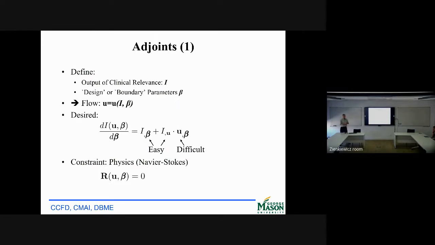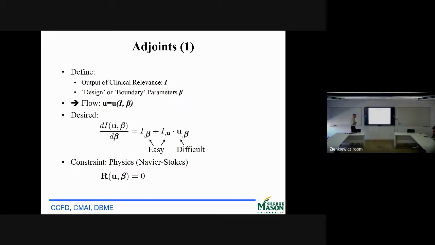Okay, so if you think about adjoints, you think of an output of clinical relevance, okay, kinetic energy, vorticity, entropy, something like that. And then you have some design or boundary parameters, which could be the geometry or it could be the inflow boundary.